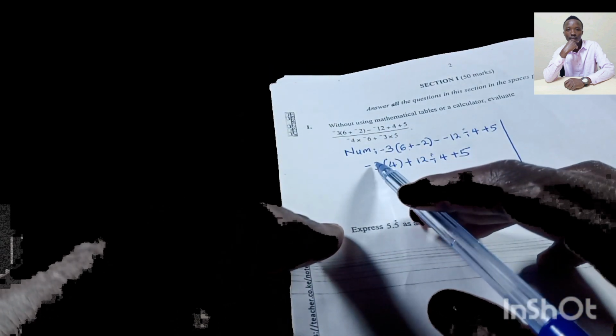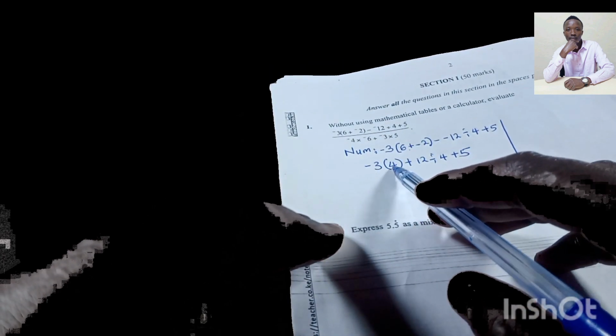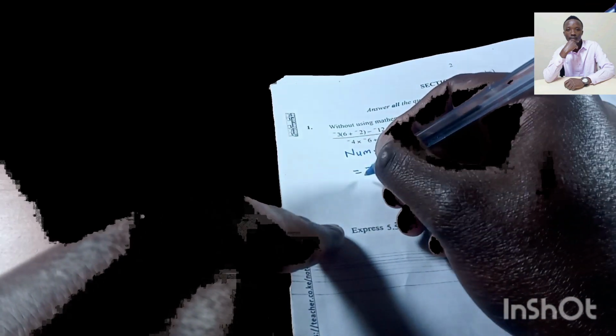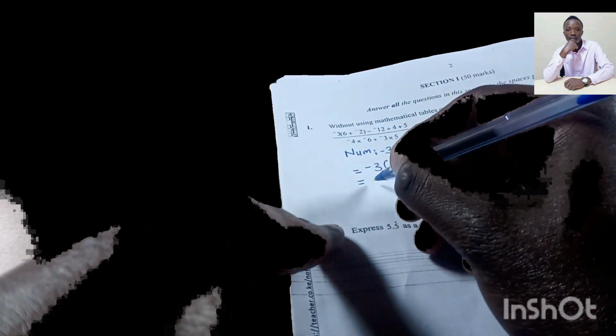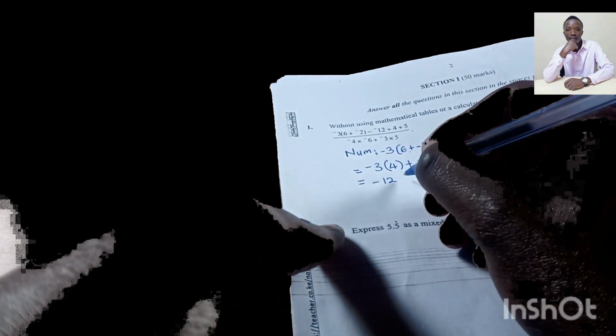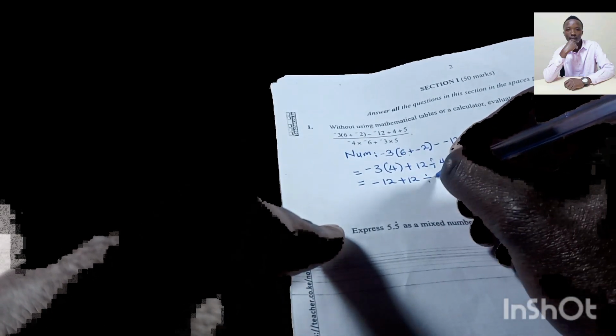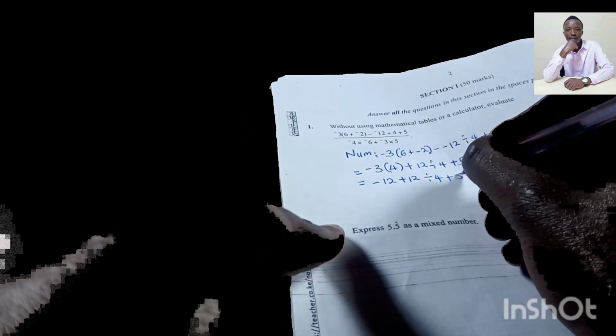Having that, the next rule of BODMAS, we can open this bracket with 4 and have -12, and that will definitely give us -12 plus 12 divided by 4 plus 5.